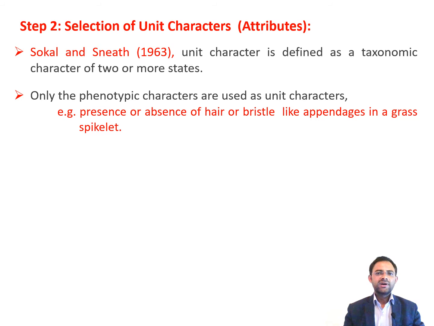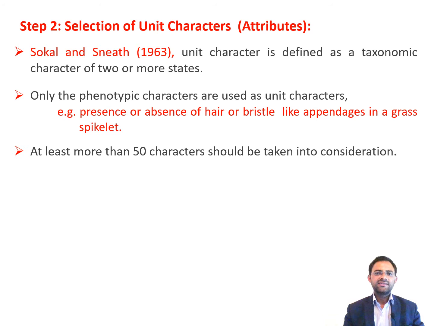A large number of characters are to be selected from the operational units. It is recommended that at least more than 50 characters should be taken into consideration. The value of comparison becomes more stable with the increase in the number of characters taken into consideration.